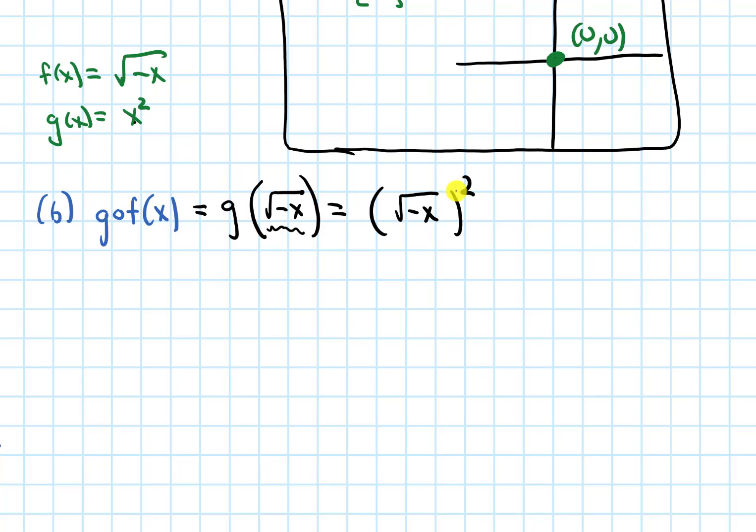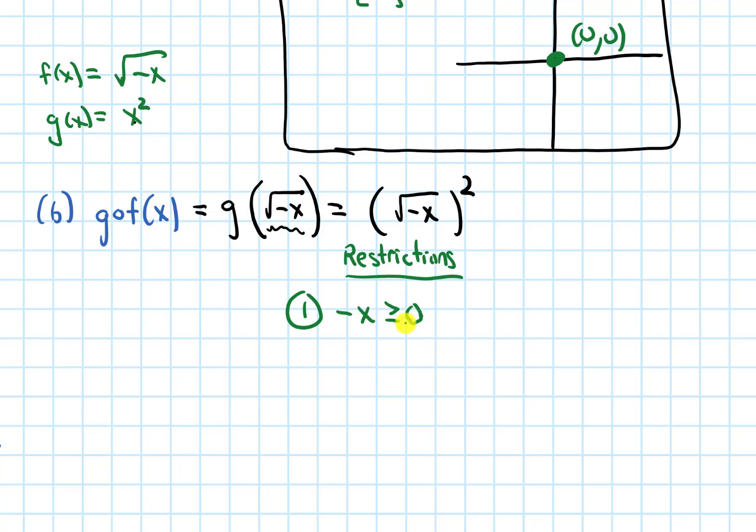Okay, so this can be simplified. Before I do, let me write down the restrictions and identify the domain. So restrictions. With this as well, I can see one restriction. The inside of the square root, the negative x, has to be greater than or equal to 0.